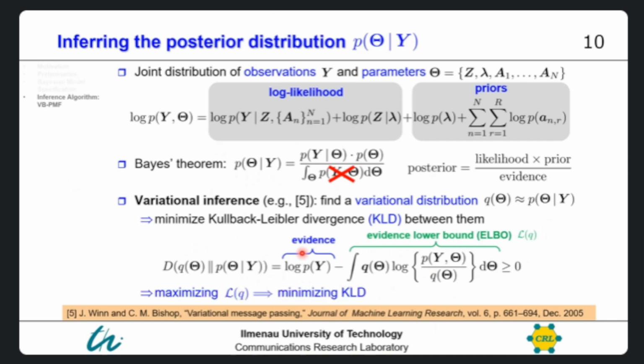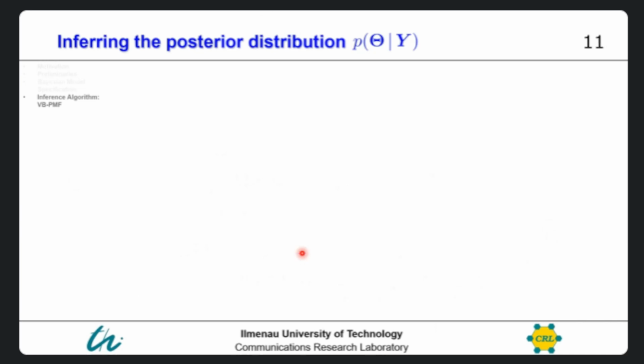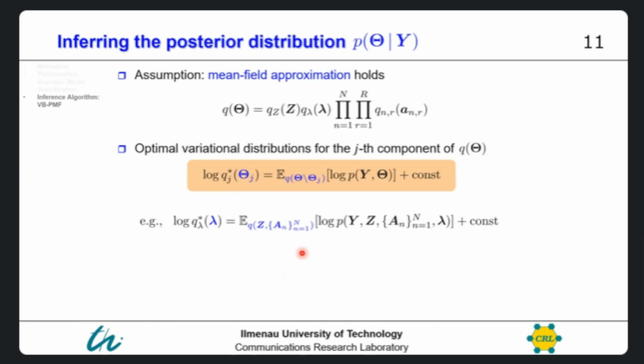So indeed, our objective function will be to maximize this evidence lower bound, and that is the same as minimizing the KLD between our approximate distribution and the true distribution. Okay. So just one last detail before we go to the algorithm.